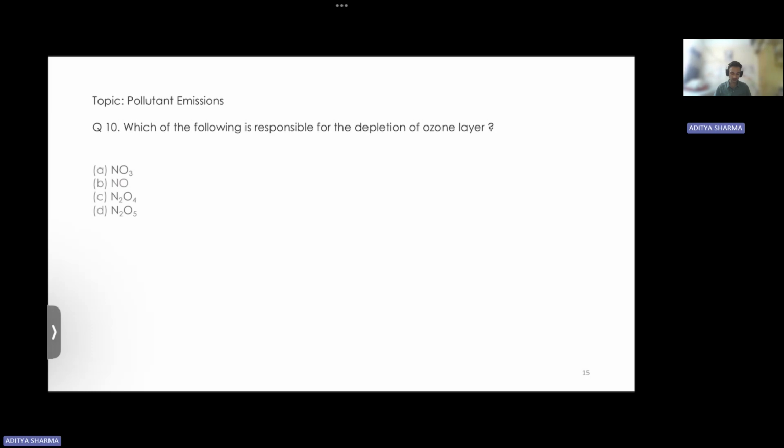Which of the following is responsible for the depletion of the ozone layer? If you have gone through the lectures, you will know that for ozone depletion, these equations are responsible.